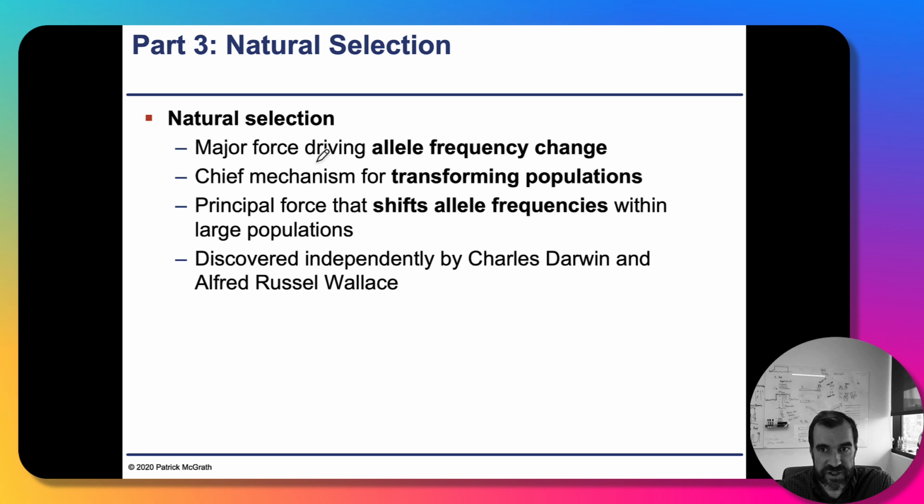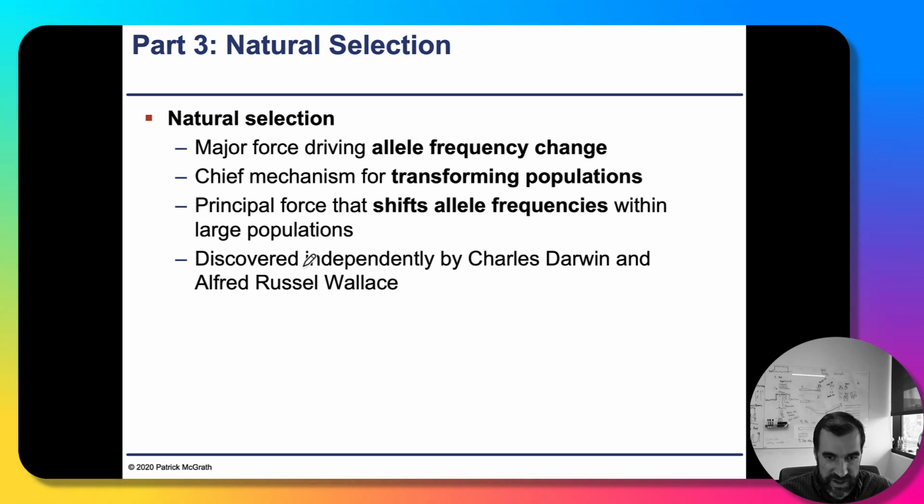So natural selection, this is probably the most interesting type of change. This is a major force driving allele frequency change, and it's a chief mechanism for transforming populations in terms of their phenotype. The idea is that there's a force that shifts allele frequencies within large populations that's dependent upon the phenotype of the individuals, and the phenotypes can make them more fit to their given environment.